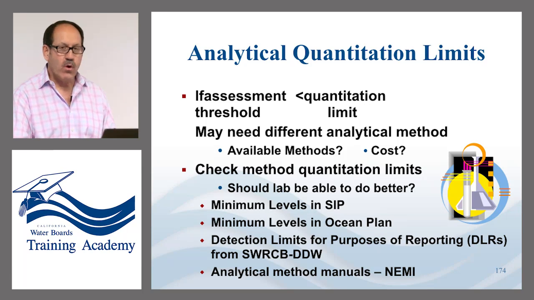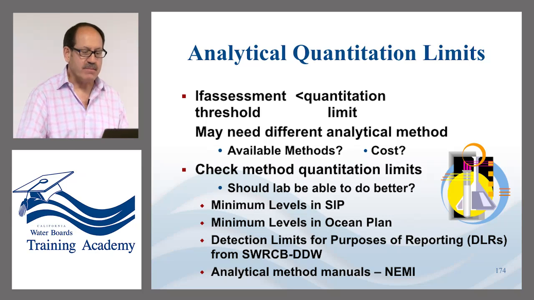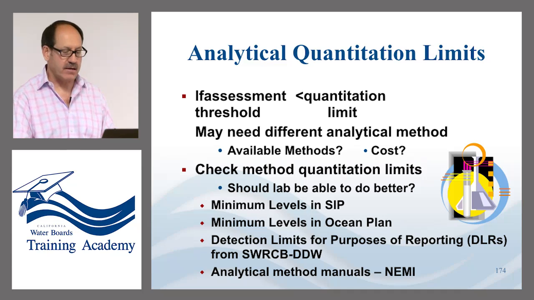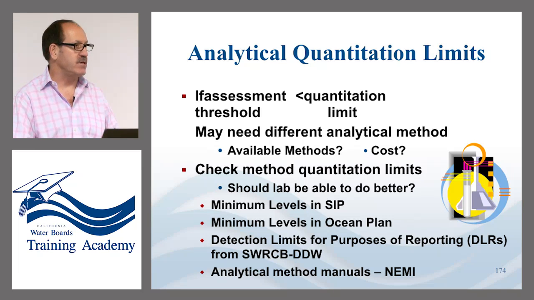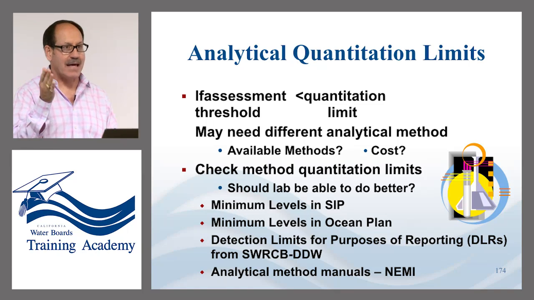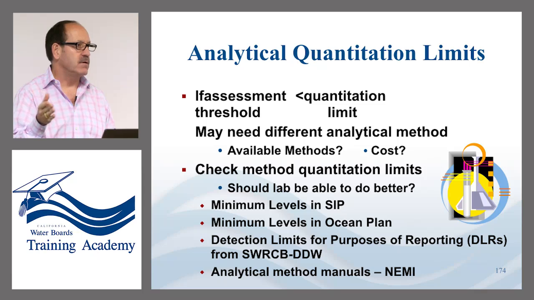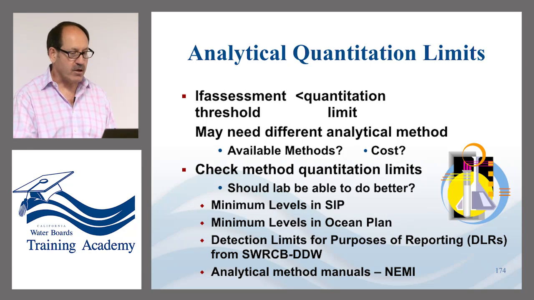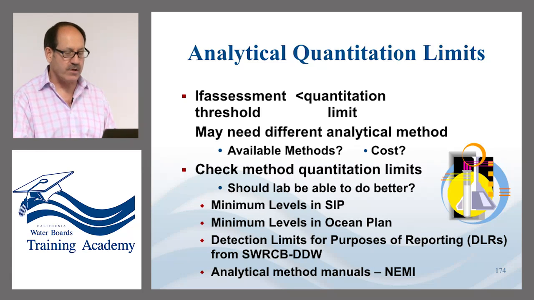One place to look is the minimum levels in the appendix of the state implementation plan for the CTR, because it lists quantitation levels that labs ought to be able to meet in determining compliance with CTR criteria. So that'd be a good place to look for: is there a method that has lower quantitation limits that I can reasonably require be run?